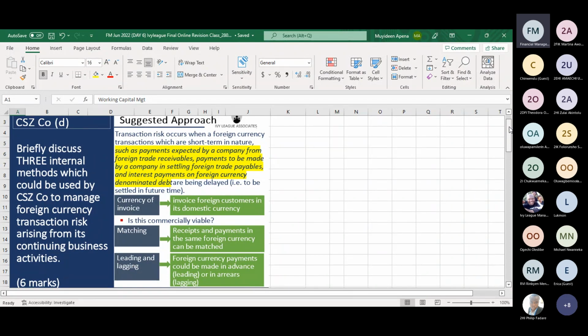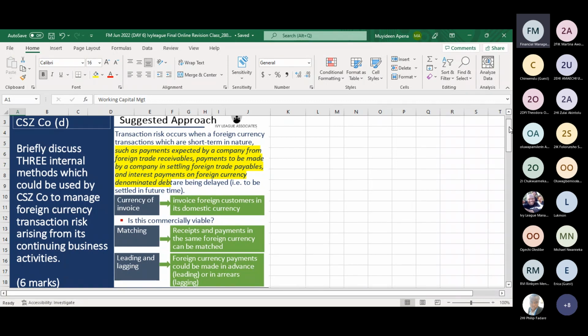So when this happens, CSE code would have to open a foreign currency denominated account wherein receipts in foreign currency, payment in foreign currency can always be made into such an account.